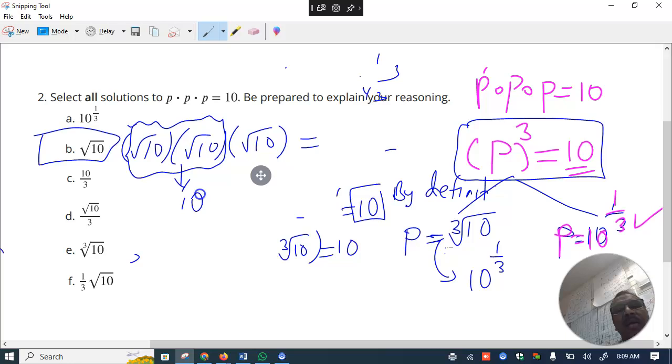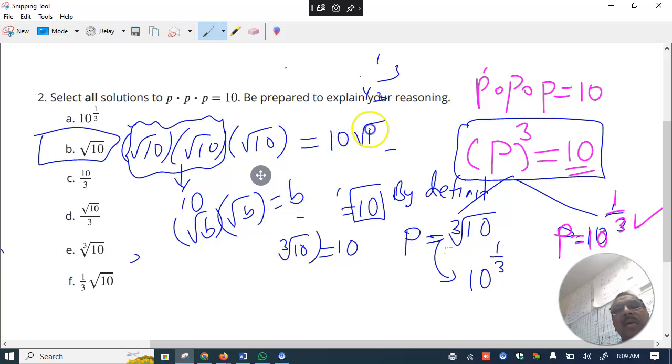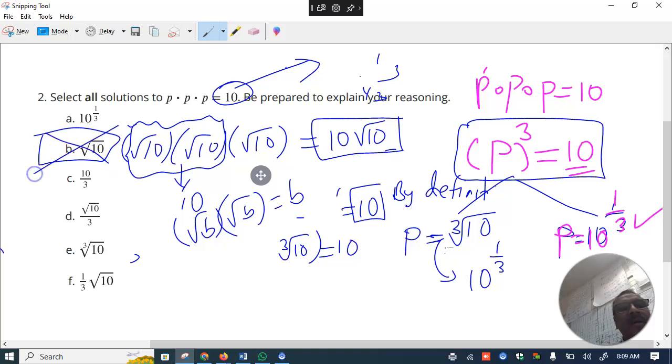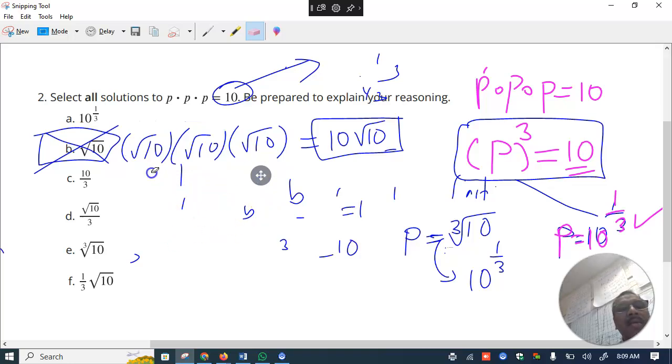This is 10 because square root of 10 times square root of 10 is 10. So that gives you 10, and there's the square root of 10. But remember, you're supposed to get 10, and here you got 10 root 10, and they are not the same. So this is wrong.